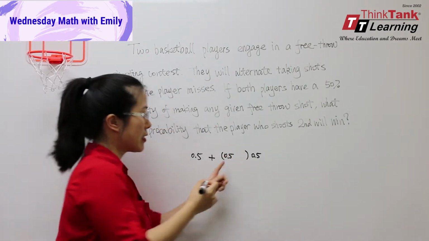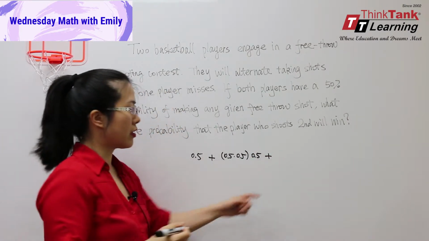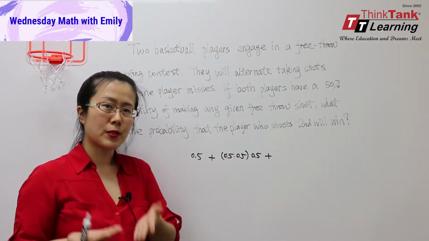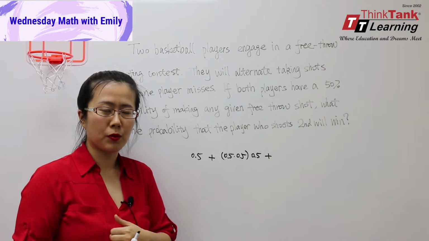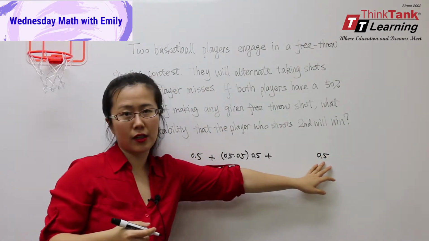So the first player makes it and the second player makes it. And then the third situation is the first player failing in the third round. So 0.5, he fails the shot.